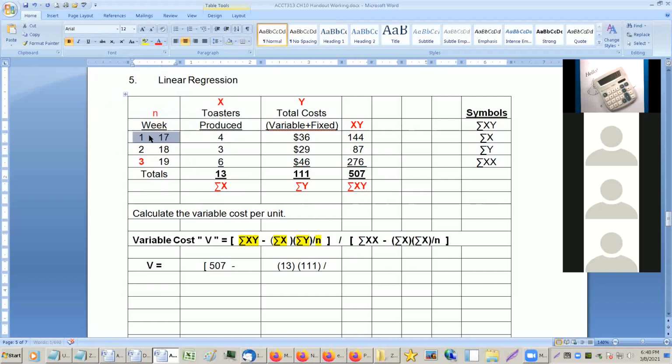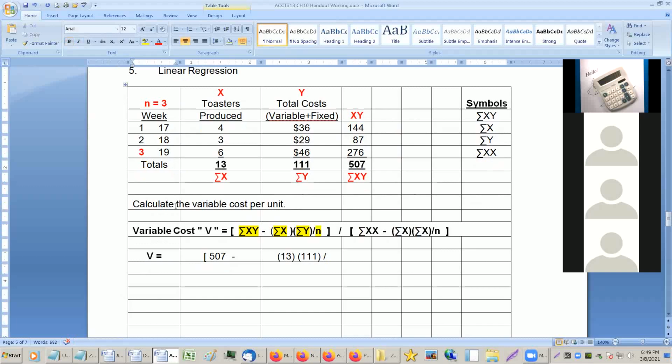If we had 10 weeks, n would be 10. If we had 5 weeks, n would be 5, and so on. So it's just how many weeks we have. A little n. So down here, this would be 3.